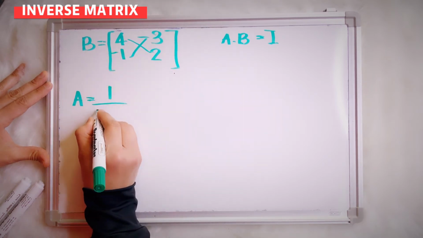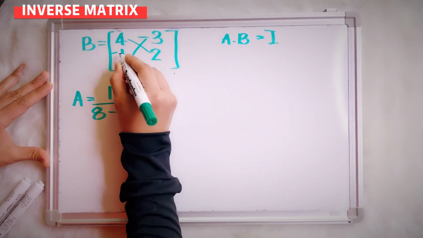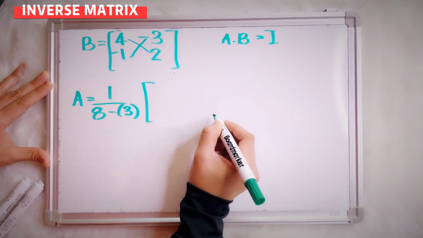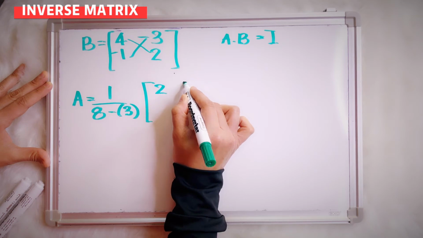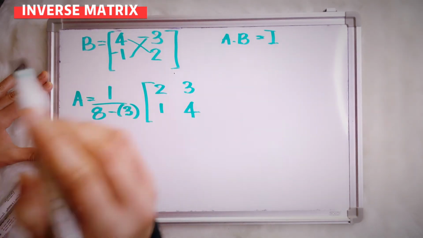4 times 2, 8, minus negative 1, negative 3, 3. Okay, so here you have to switch 2 and 4. So here you have to put 3 and 1 because negative, negative will be positive, right?